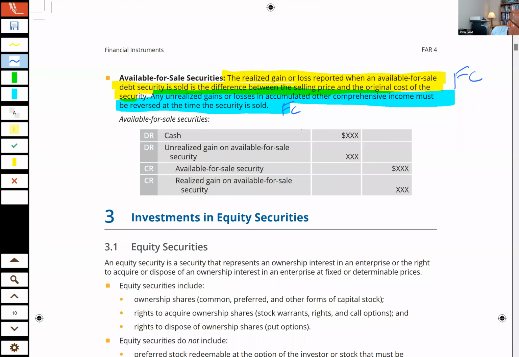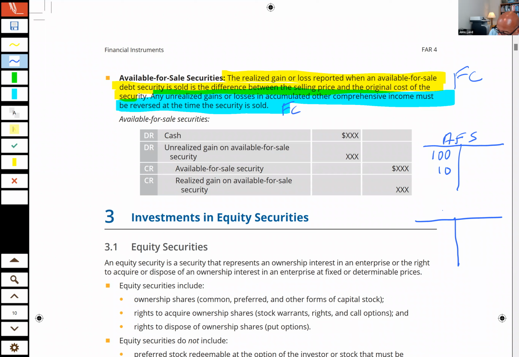Now, let's go ahead and do a little example here. Let's say I buy an available for sale security for $100. So I debit the available for sale security, I credit the cash when I buy that security. Now, let's say that I look and the security has an increase in fair value of $10.